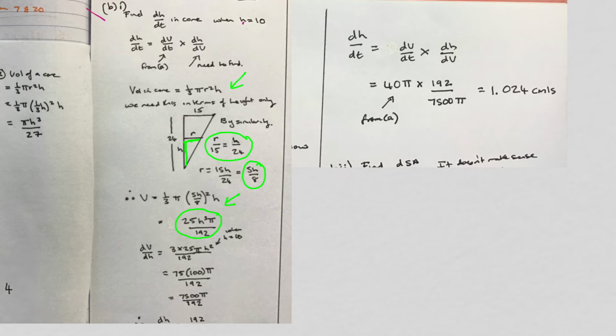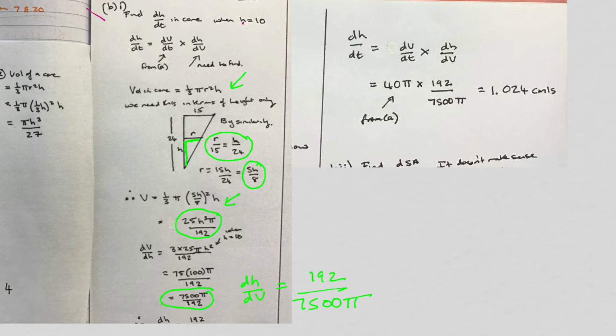And then I've done the derivative. So remember, the variable is h, so you're multiplying by 3, h goes down to 2, and everything else is a constant term. So when you finish sorting that out, it looks like this, right? So if dV over dH is that, then dH over dV is 192 over 7,500 pi.